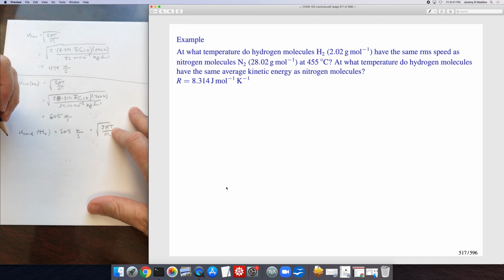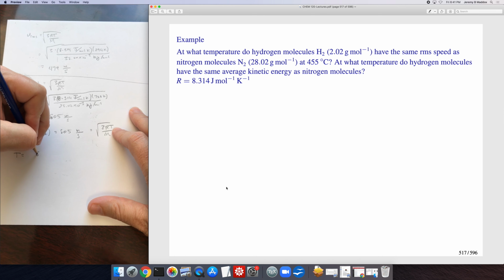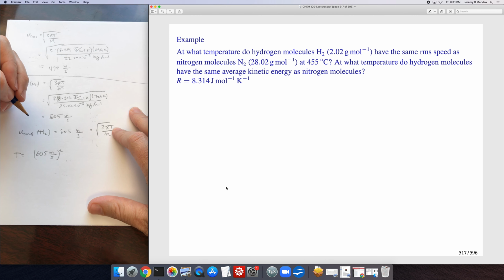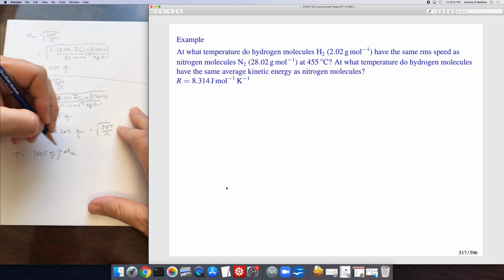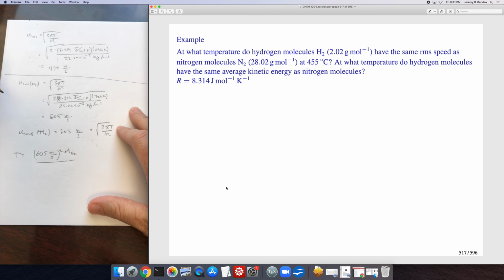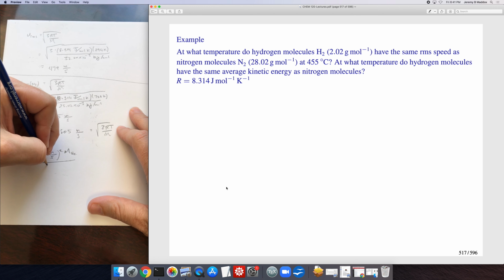So we'll rearrange the equation. We need to take the 805. We'll say that the temperature is the 805 meters per second squared, and then we need to multiply by the molar mass of hydrogen and divide by 3R.